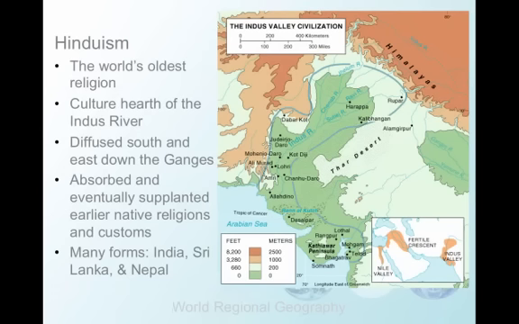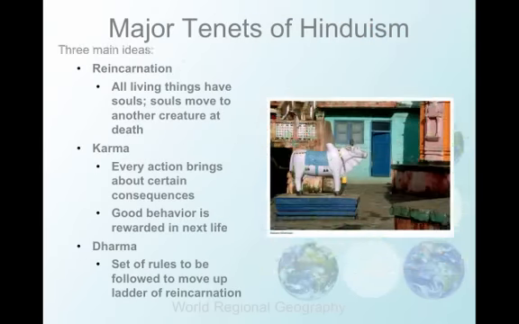It diffused south and also east down the Ganges River, which is located on the right-hand side of the map and flows through the northern part of India. Hinduism absorbed and eventually supplanted earlier native religions and customs which were found throughout the South Asia region, particularly in India. And it has different forms in India, Sri Lanka, and Nepal.